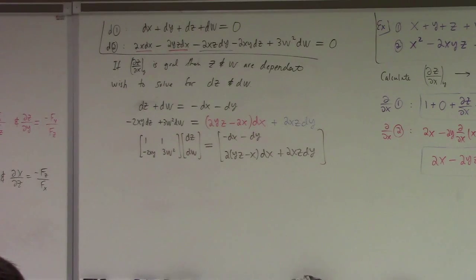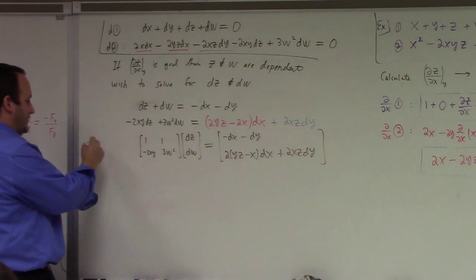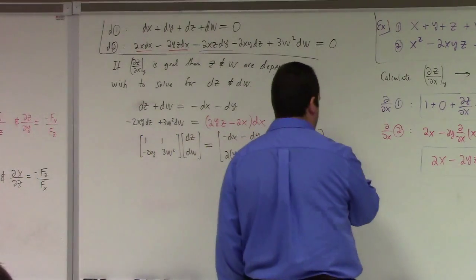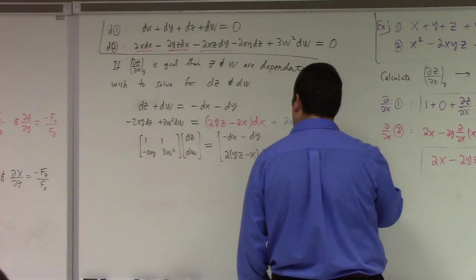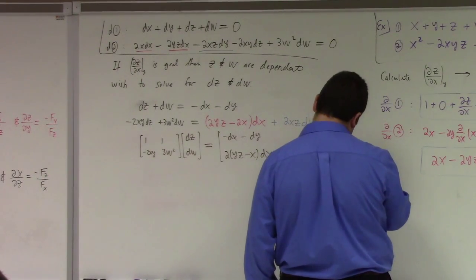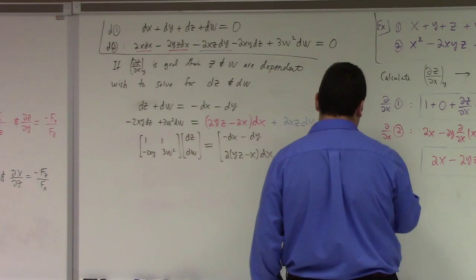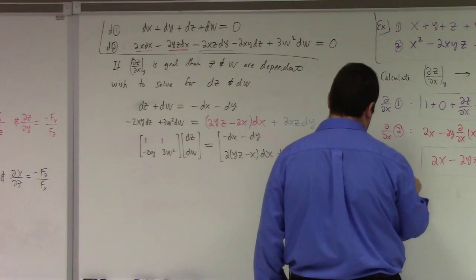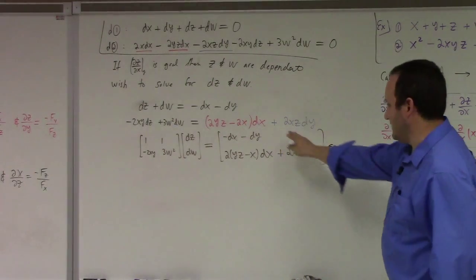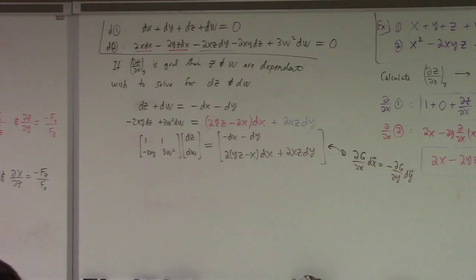This is like, in our original notation, something like partial g partial x dx vector is equal to minus partial g partial y dy vector. This stuff is like that stuff from the beginning of the lecture. But the question is, how do you solve for dz and dw here?